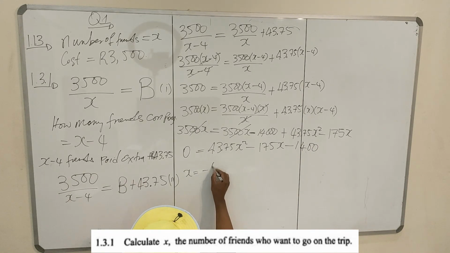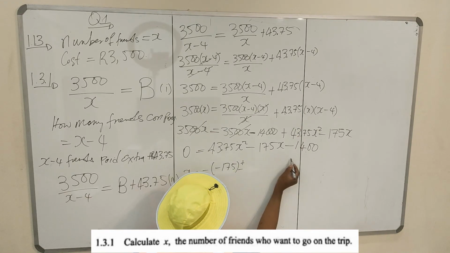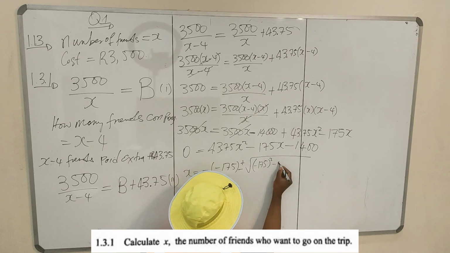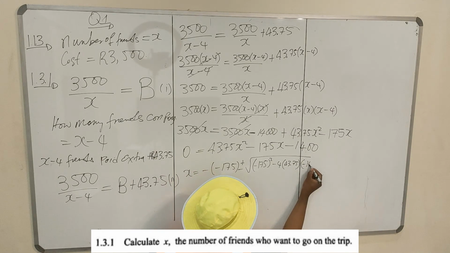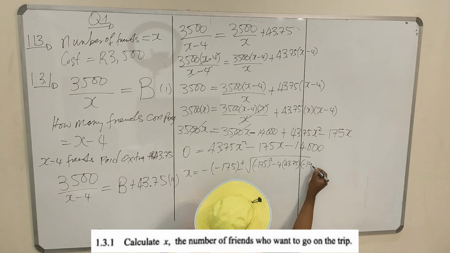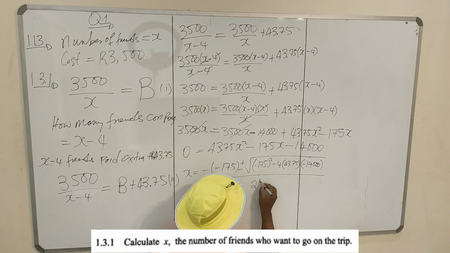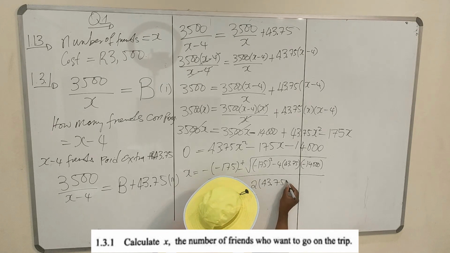x is equal to negative b, which is minus 175, plus or minus the square root of negative b, which is minus 175, all squared, minus 4a, which is 43.75, times minus 14,000, all divided by 2a, which is 43.75.